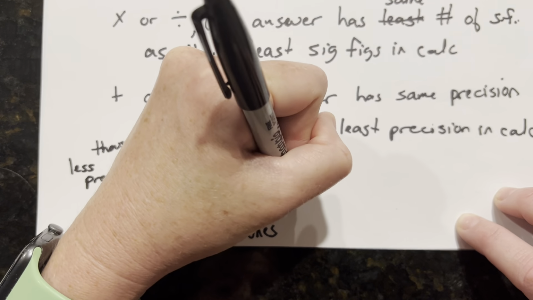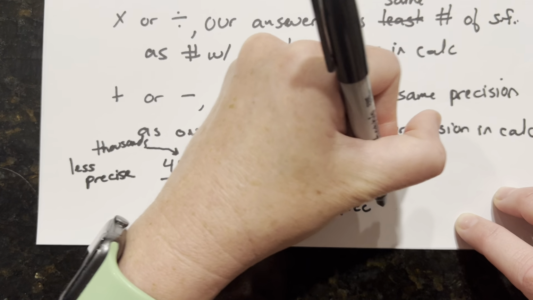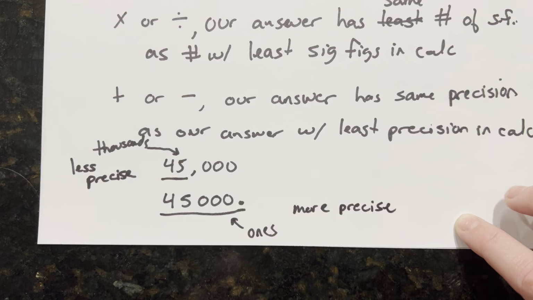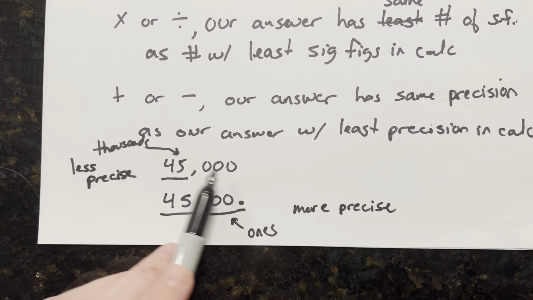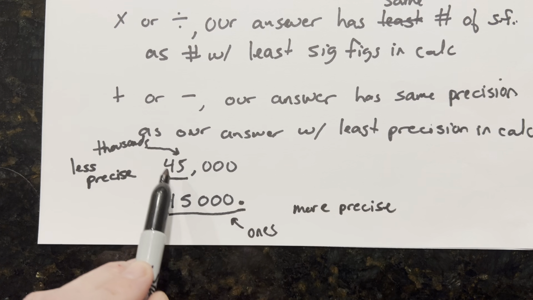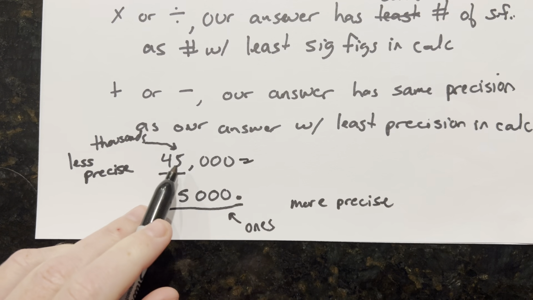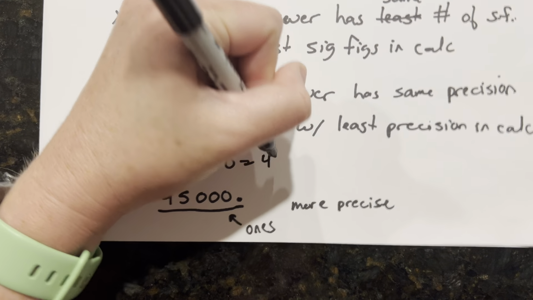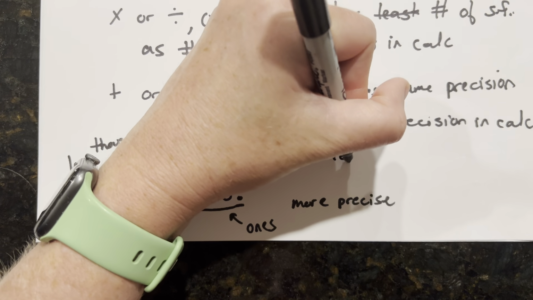And this one is more precise. All right, and that's simply because if this is 45,000, we only know the 45,000. We don't know this one, this one, this one. This number, if you remember, is a range between up one and down one of that number. So this is a range between 44,000 and 46,000.